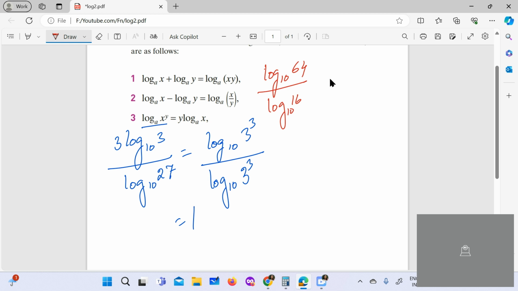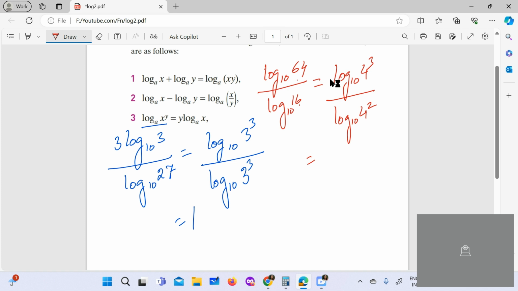We can write this in the power form, because here we can write base 4, here also I can write base 4. So we can write it as log base 10 of 4 cubed, and log base 10 of this can be written as 4 squared, correct?